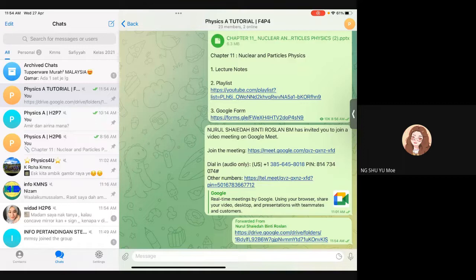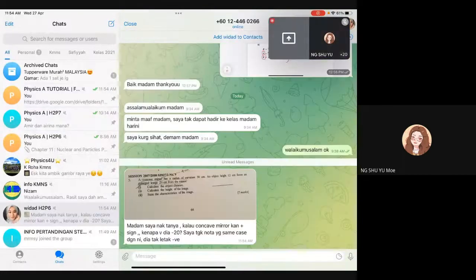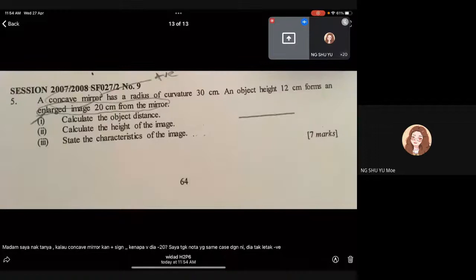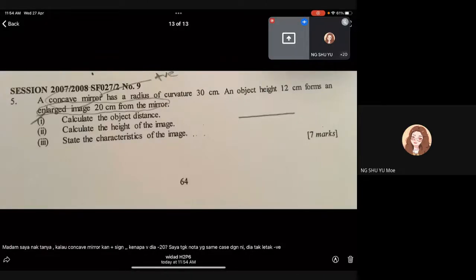Okay, so ada apa-apa question? Ada apa-apa soalan? Tak ada. Ni kawan awak duk tanya ni, awak fikirkanlah. Ada kawan-kawan awak tengah buat chapter ni, chapter baru nak buat chapter ni. Chapter 6.